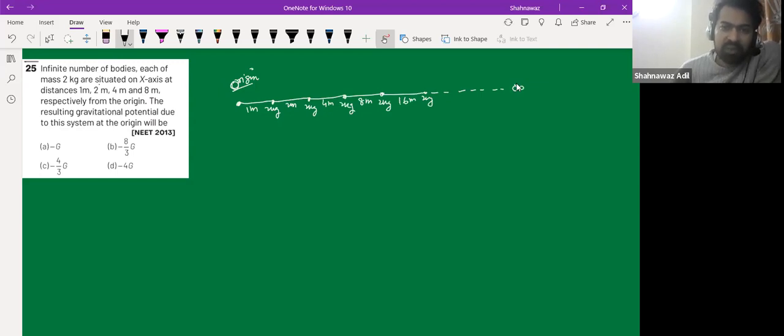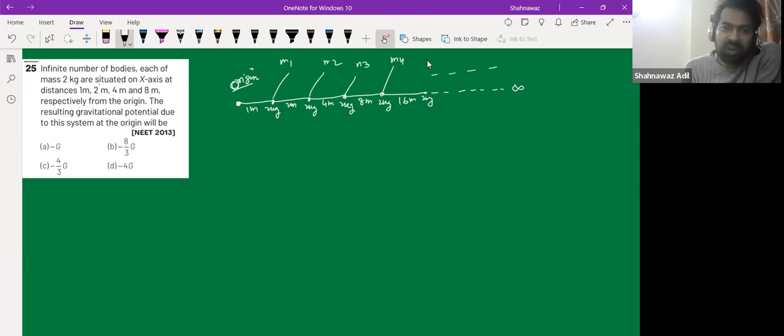So then we have to calculate the potential at the origin. We have an infinite number of masses: this mass m1, this mass m2, this mass m3, this mass m4, and so on.